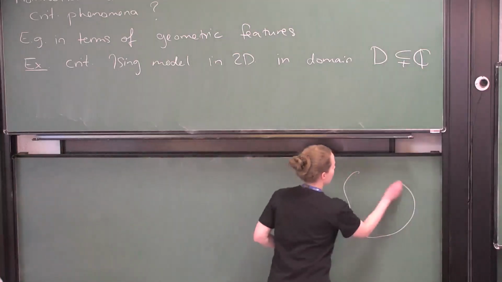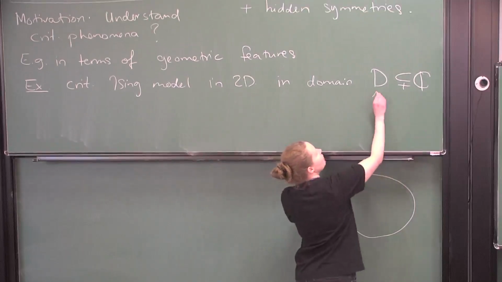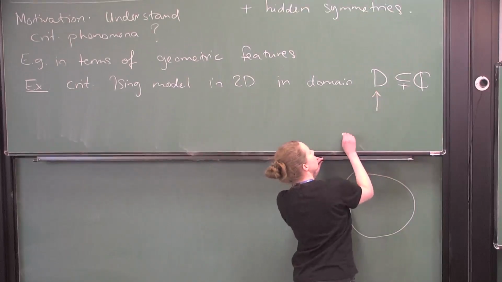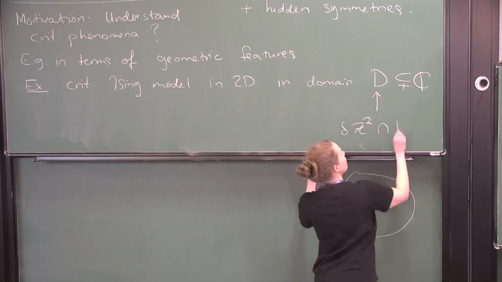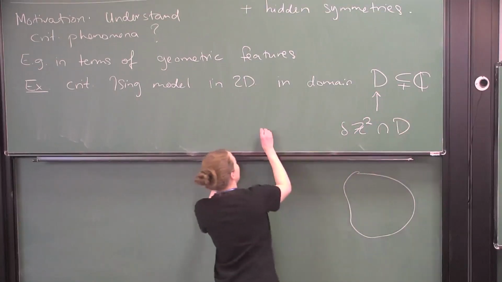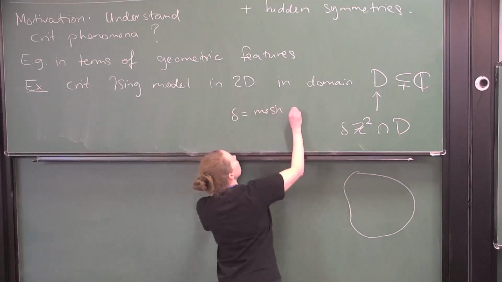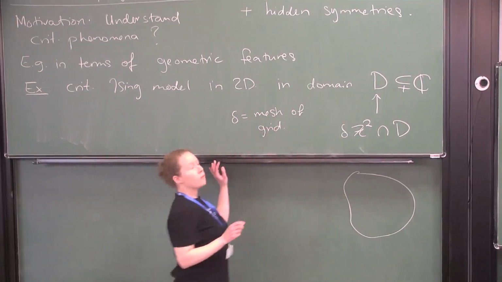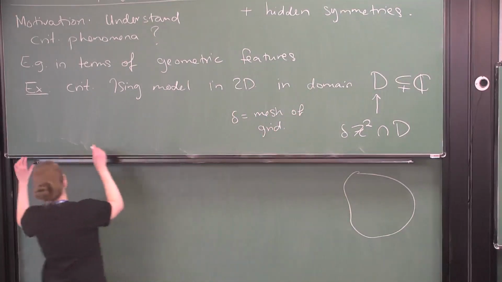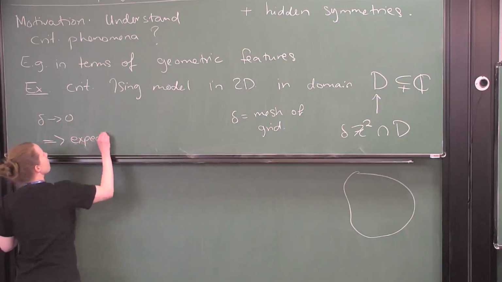So let's say we have our domain, and obviously I should actually take a discrete approximation. So let's say we often do just a square grid, and then delta is the mesh of the grid. And as delta goes to 0, you somehow expect CFT.